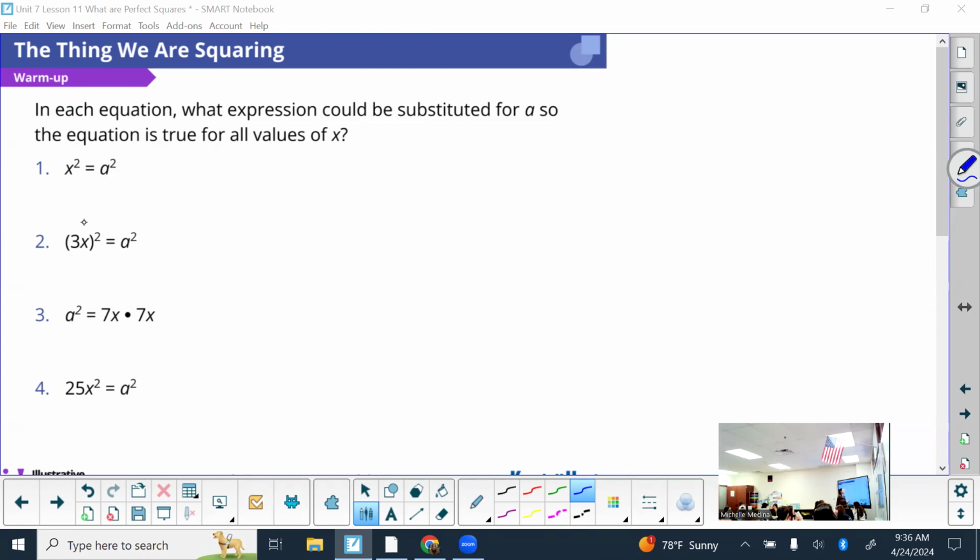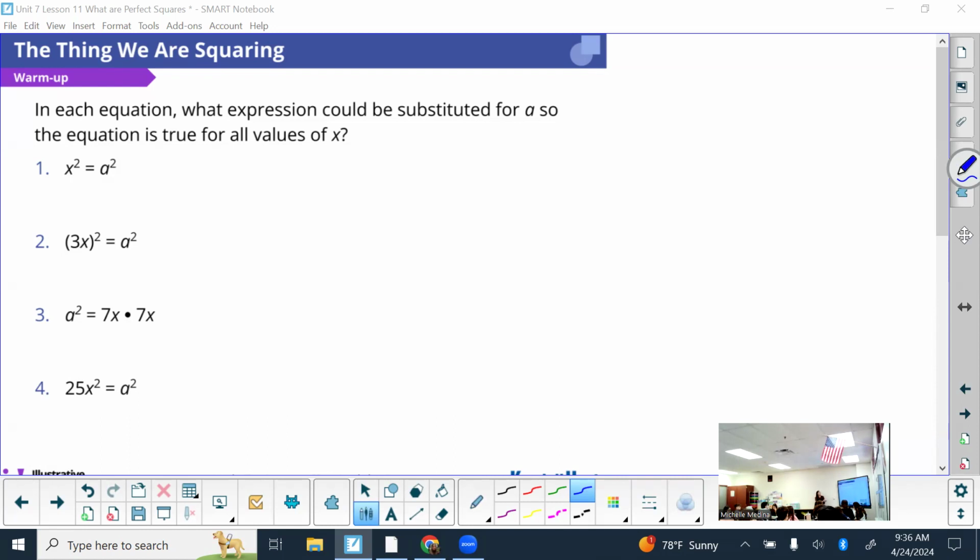Okay, so we have a bunch of equations here. We want to know what expression, which can be really any sort of mathematical statement, like numbers, variables, maybe both, can we plug into A to make it true for all values of X?